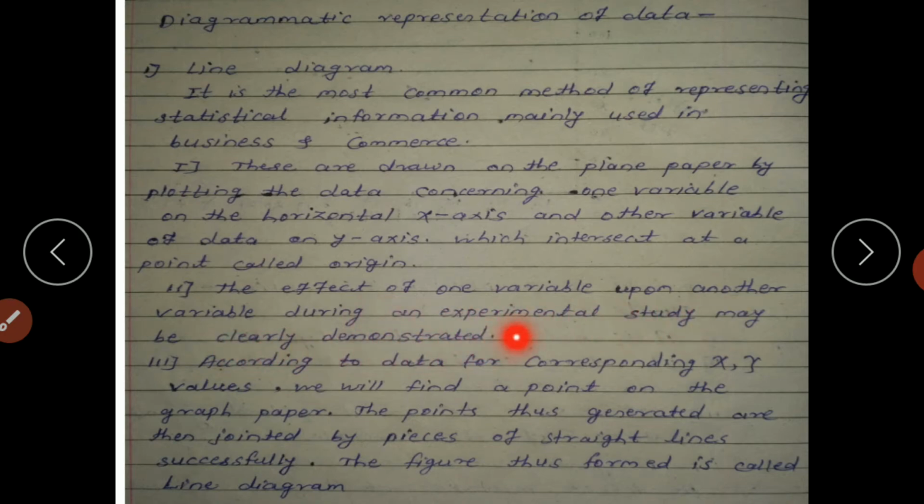According to the data for corresponding x, y values, we find a point on the graph paper. The points thus generated are then joined by pieces of straight lines successively. The figure thus formed is called a line diagram.